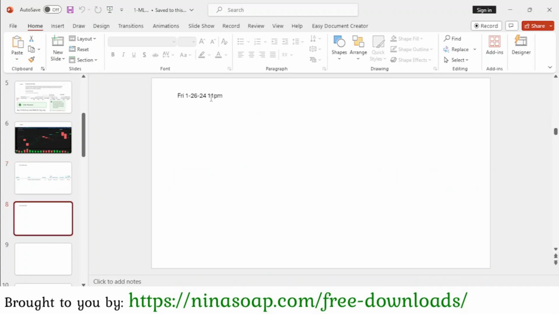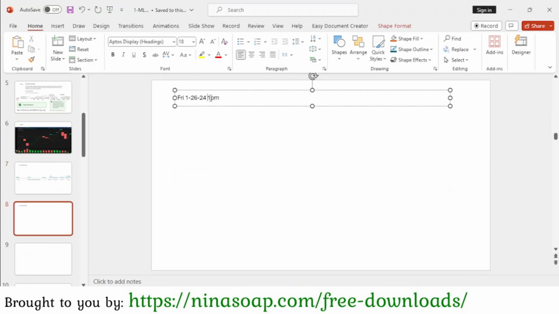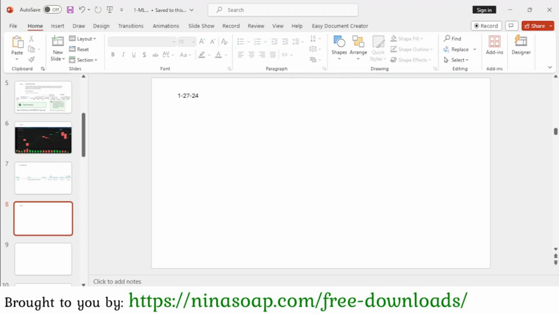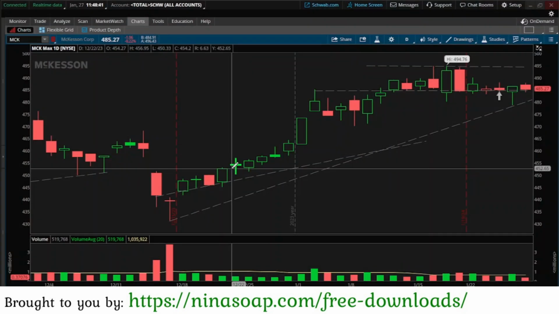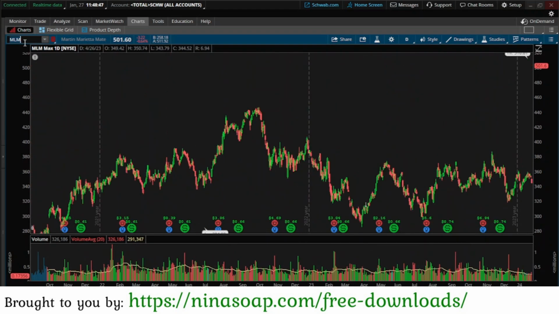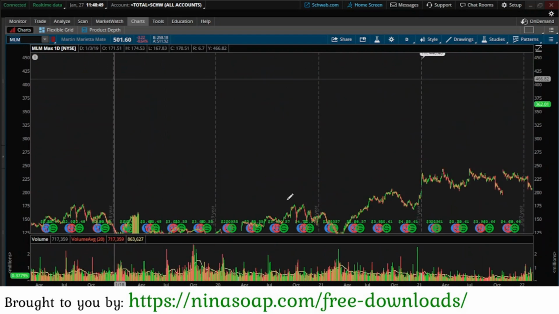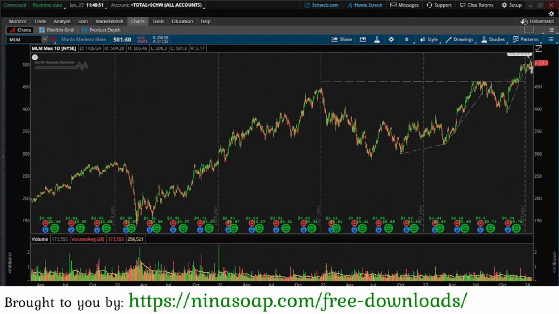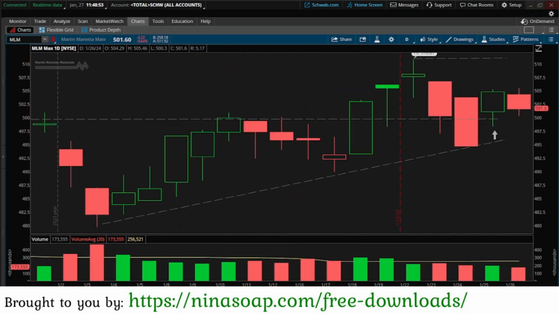So let's see what is happening. $127.24. What was the name? MLM. Okay, so that was the day we bought it, and the next day the price went down.